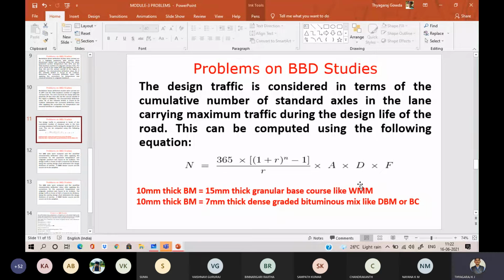The same formula that we have adapted for design of flexible pavement for calculating the traffic, the same formula we are going to adapt. So kindly note down.